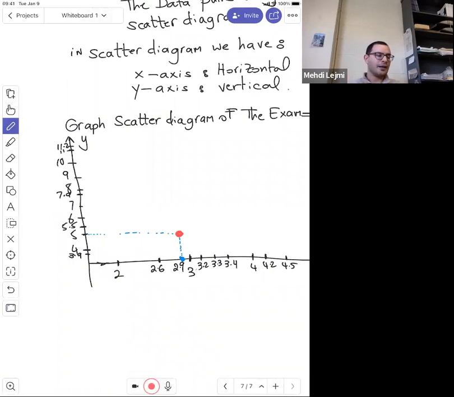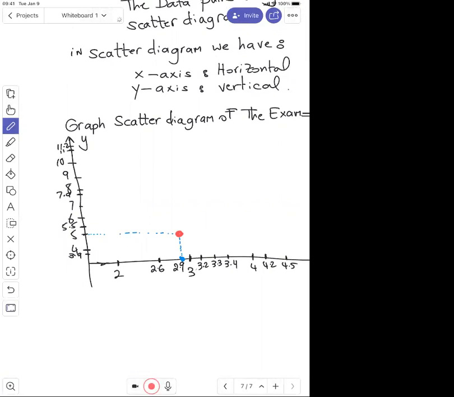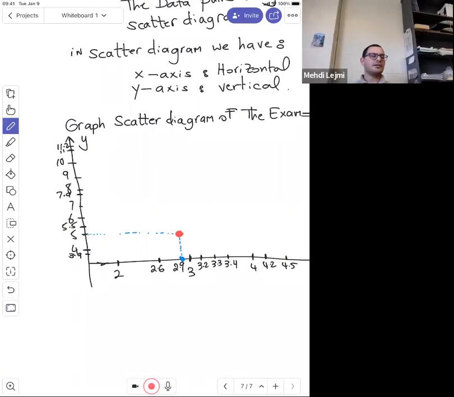But again, the scatter diagram is supposed to represent data pairs when you have x and y. You're right, the idea is the same. It looks like an ojive: you have your class boundaries on the x-axis and your cumulative frequency on the vertical axis.